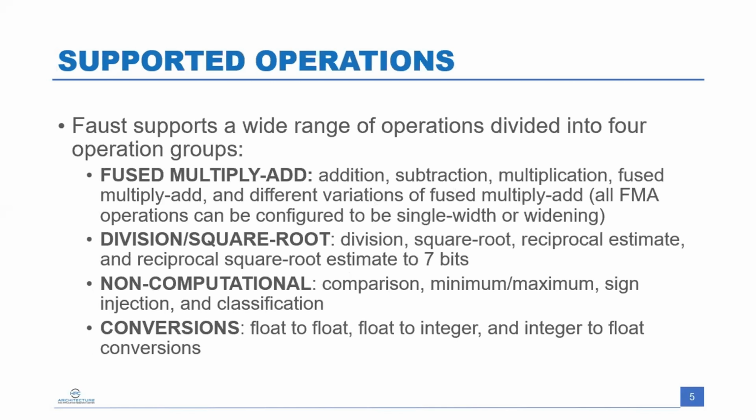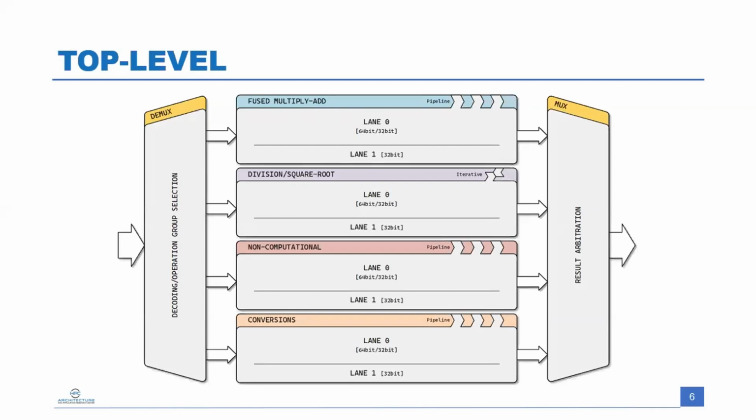FAUST supports all of the operations that are defined in the standard. So this is basically the list, and here is a basic diagram of our internal structure, where we can see some of the stages are pipelined, some of the stages, like division and square root, are iterative, so that we can save on some of the area in the design.